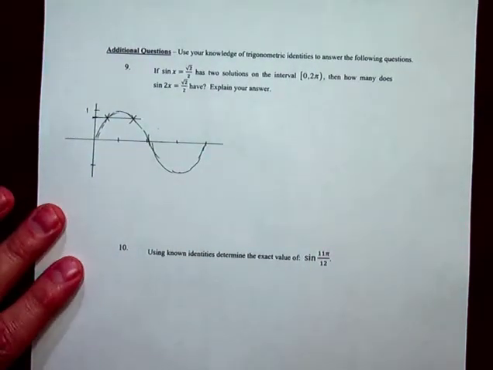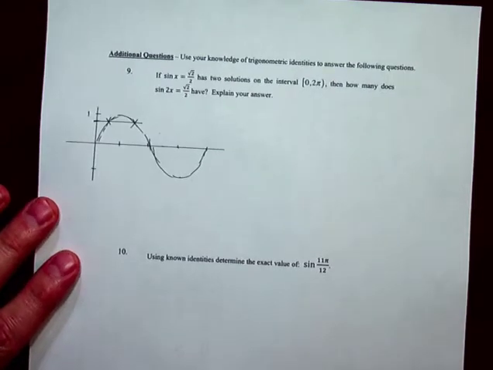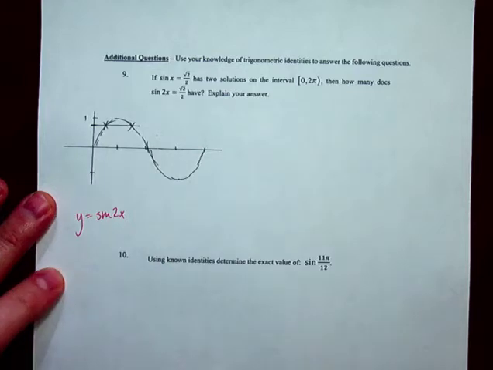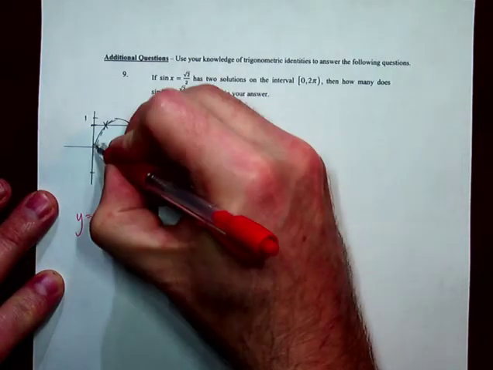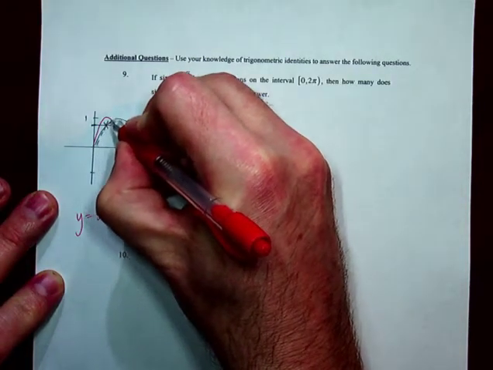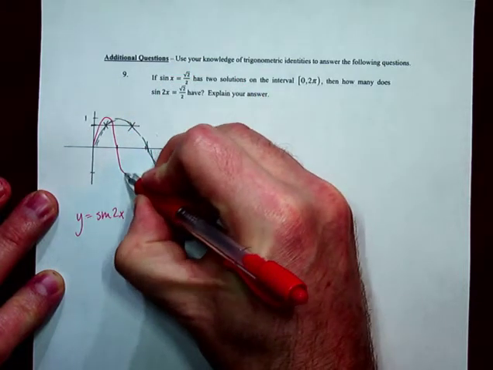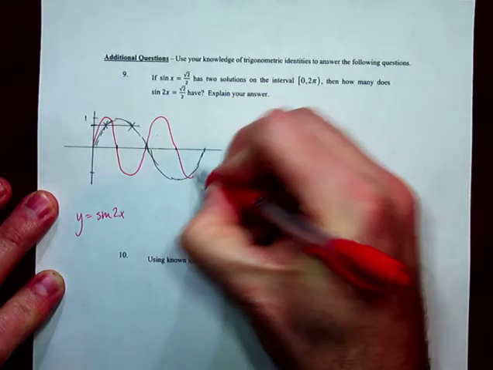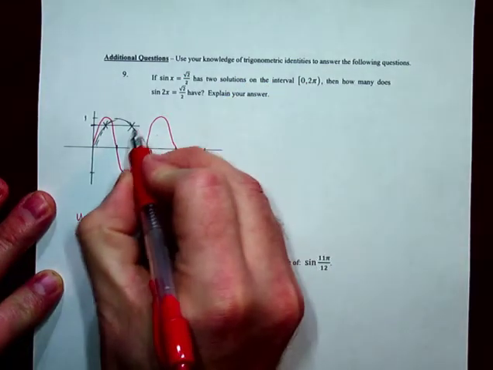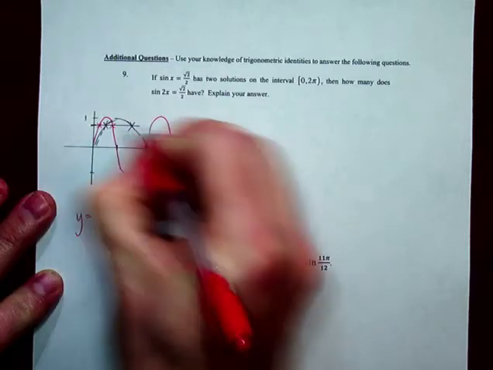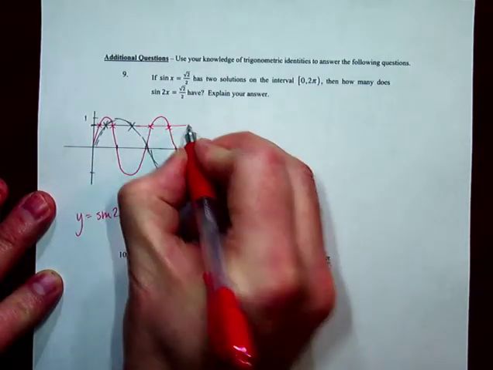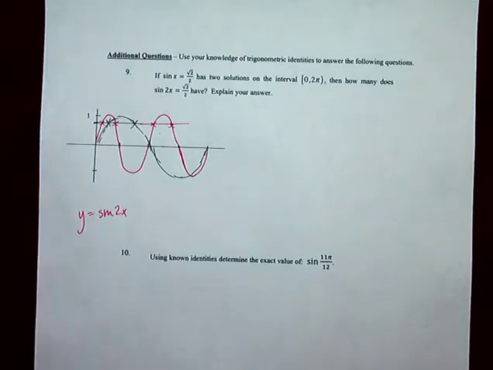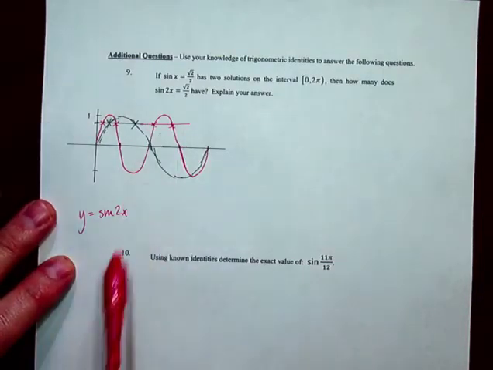You need to remember that sine of 2x, if you think about y is equal to sine of 2x, that's a horizontal shrink. It halves the period and it doubles the number of times it oscillates in the given interval. Okay, well, then you have this point, this point, this point, and this point if you keep extending the line out, right? Well, that means that it has 4 solutions.